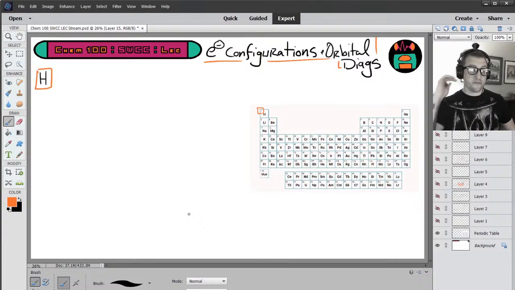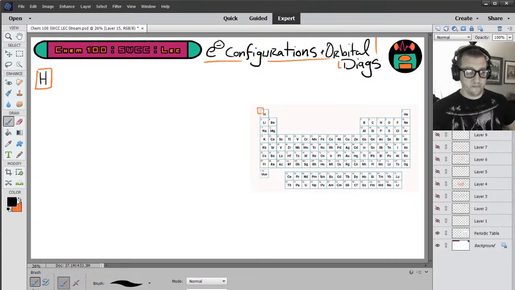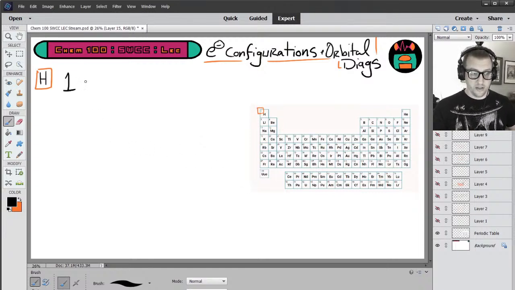It's going to see if there's room in the first shell, which there is, right? We haven't housed any electrons yet. And so it's going to occupy the 1s orbital, the s orbital on the first shell.